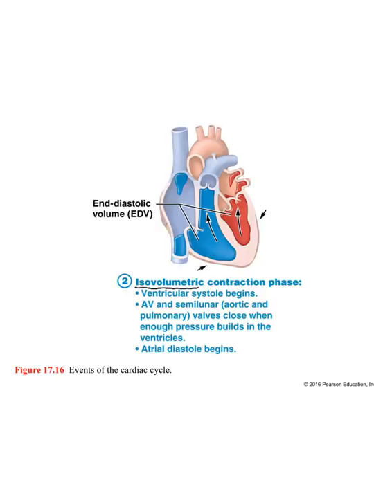Here, because the ventricles just started contracting, the pressure is still greater in the pulmonary trunk and in the aorta than it is in our right ventricle and our left ventricle. So as long as the pressure is greater there, these valves will stay closed.